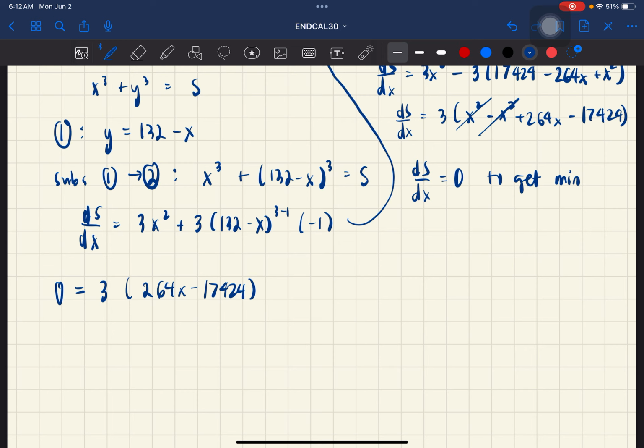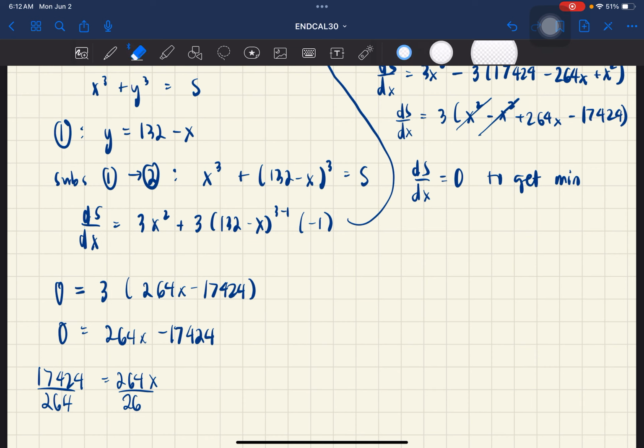We divide both sides by 3, so we'll just get rid of 3 here. You get 0 is equal to 264x minus 17,424. We get the value of x: 17,424 is equal to 264x. Divide both sides by 264. You got your x value as 66.